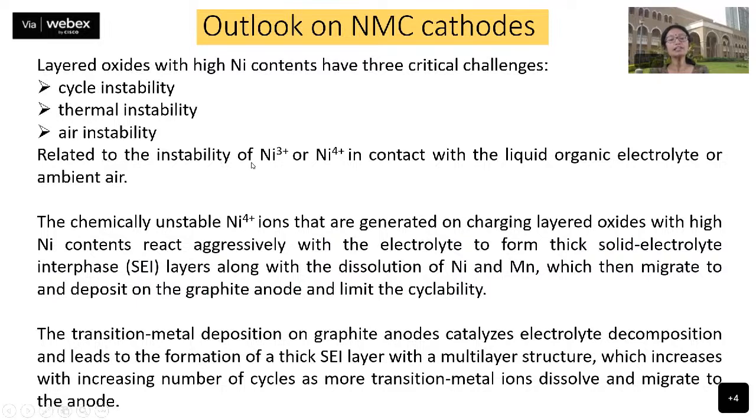These are all related to the instability of nickel 3 plus or nickel 4 plus in contact with your liquid organic electrolyte or ambient air. These are the different problems which need to be solved, and various research groups all across the globe are currently working towards solving them: how to improve cycle instability, thermal instability, and also air instability when you are using high nickel content in the NMC cathodes.